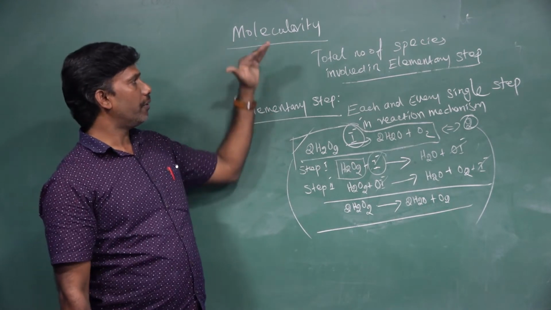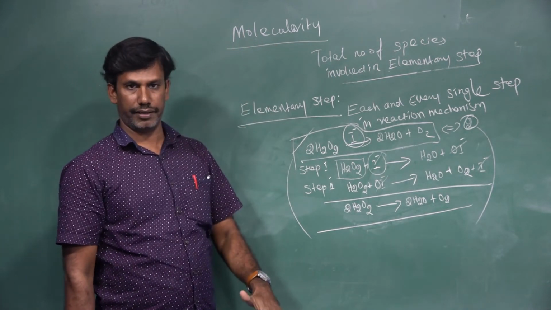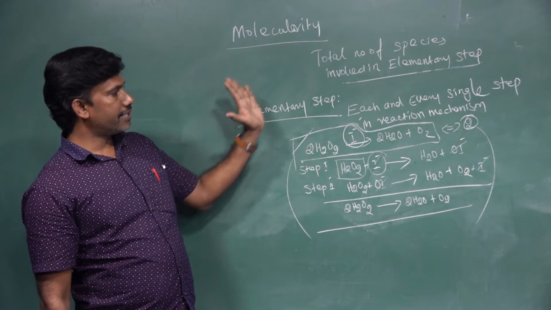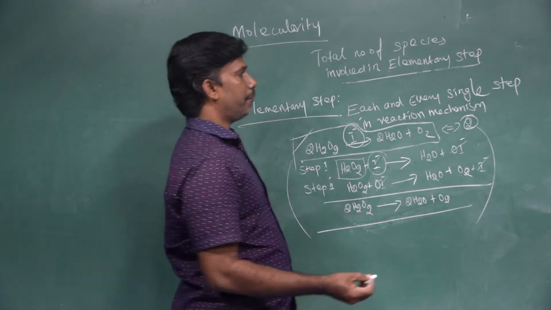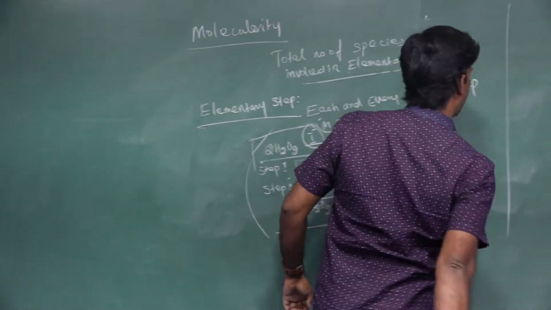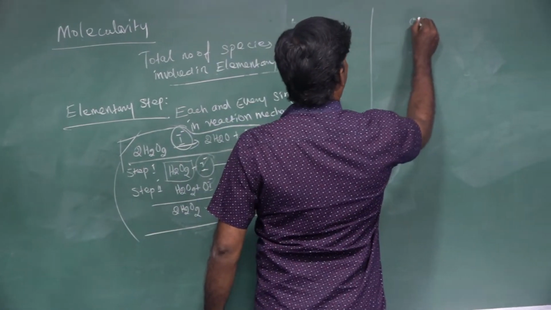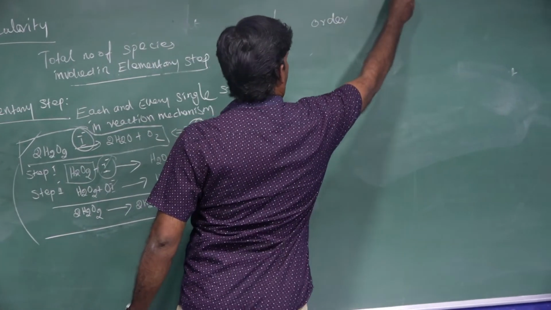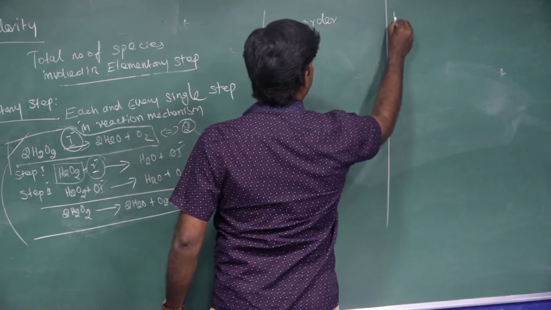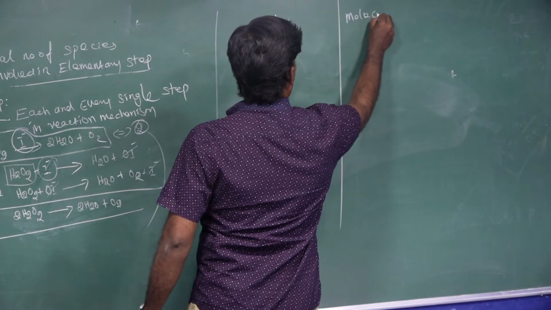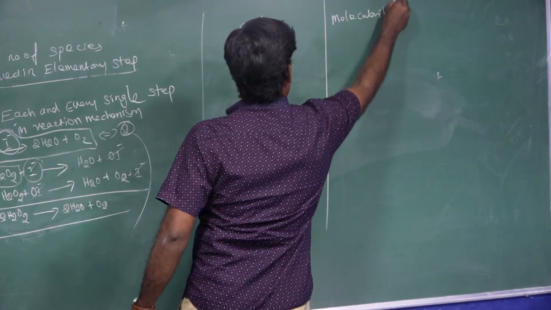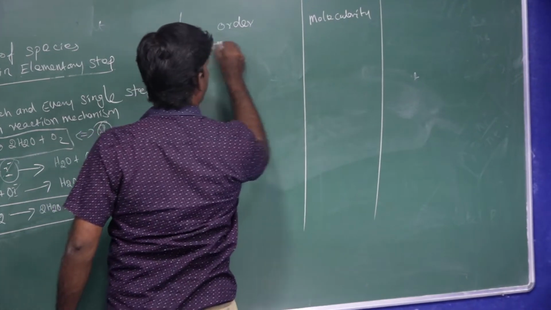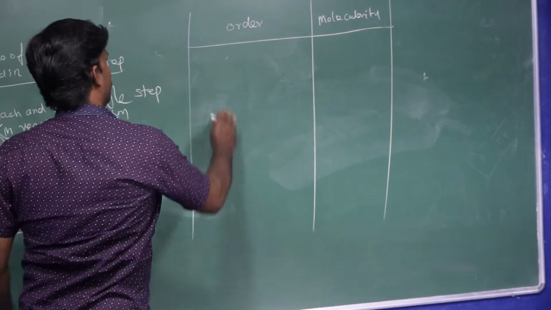Now I hope you understand what is called molecularity. Okay. Then let us see the comparison between order and molecularity. This is the comparison we are going to see now. What is the order?